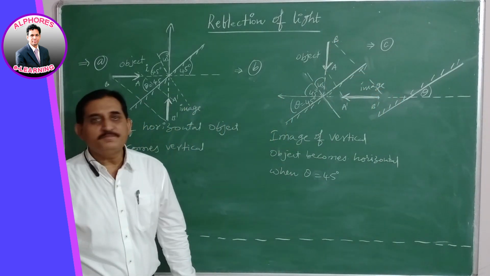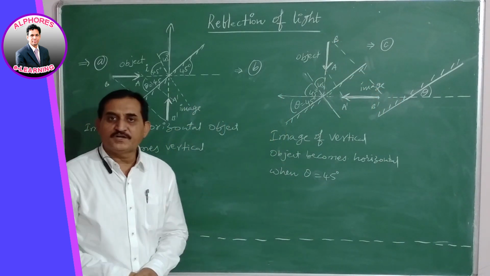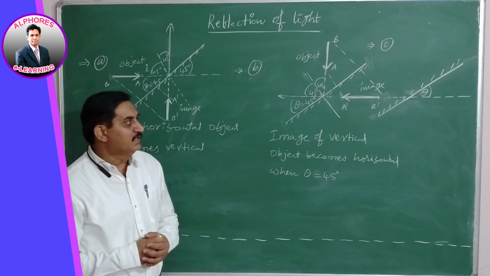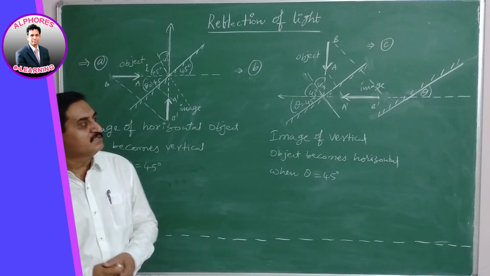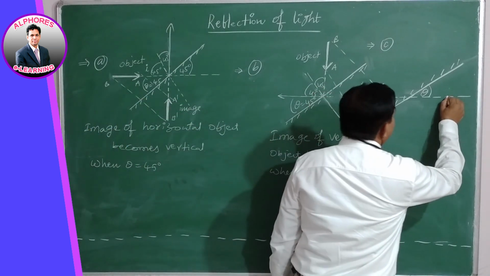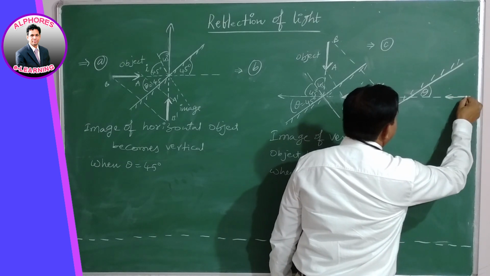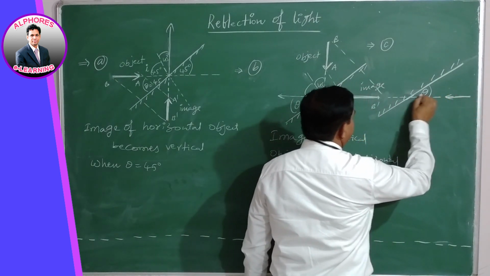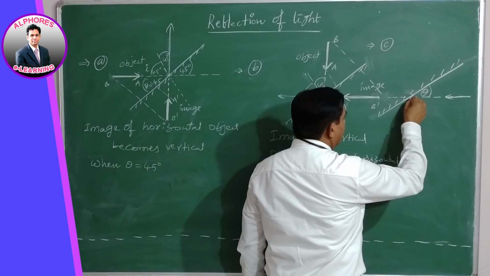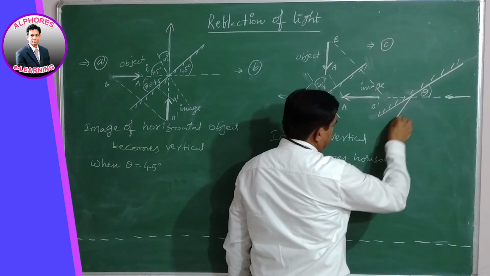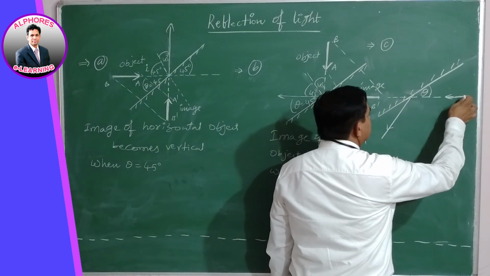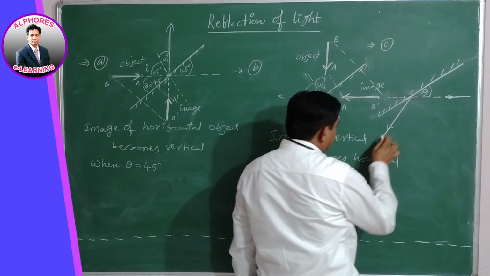Suppose the plane mirror is not making an angle of 45 degrees with the horizontal, then what happens? How can we find the image? Very simple. In the same way, by the law of reflection, consider this is the object over here. The light is coming along the horizontal line, incident on the plane mirror, and undergoes reflection. This is the incident light, this is the reflected light.